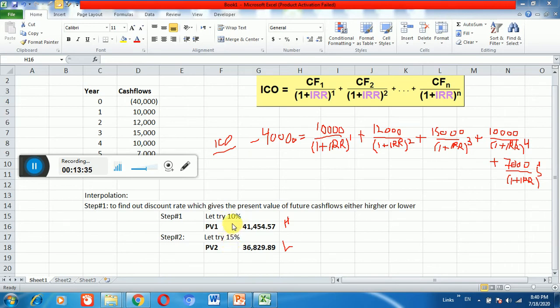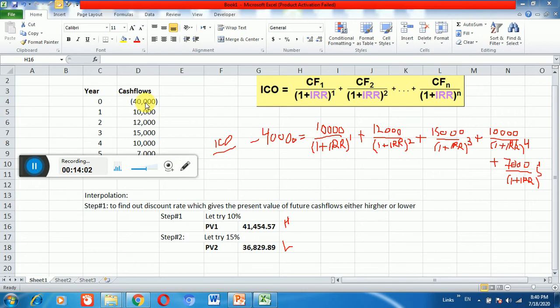Why? Because if you try 11%, maybe it will come around 41,000, maybe equal, a little higher or a little lower. So in order to make sure, try to give another value with a little bit of distance. So you can try 10% and 20%, 10% and 25%, 10% and 30%, whatever, but make sure the second value is computing the present value lower than the first one, or lower than the initial cash outflow.